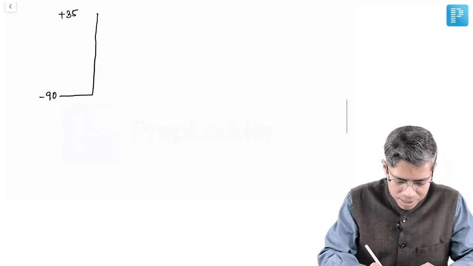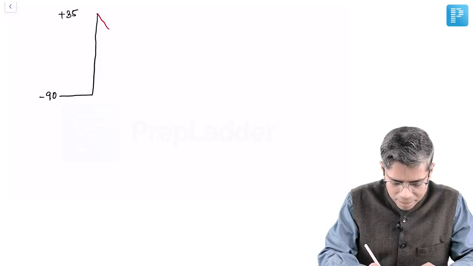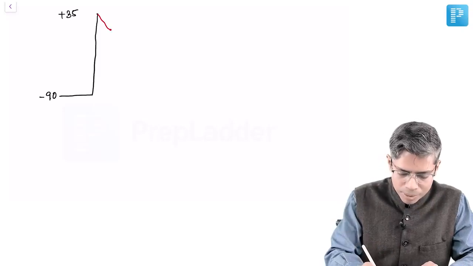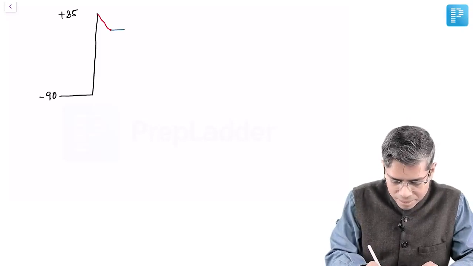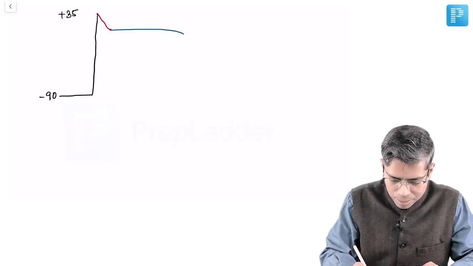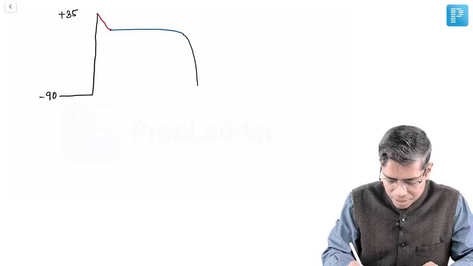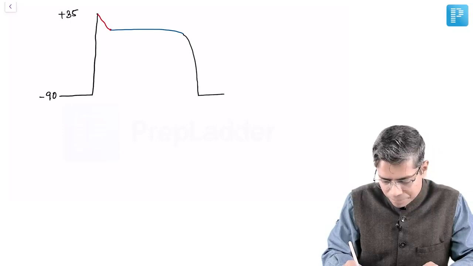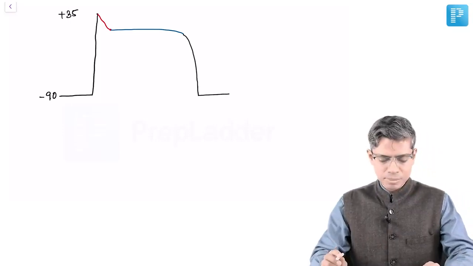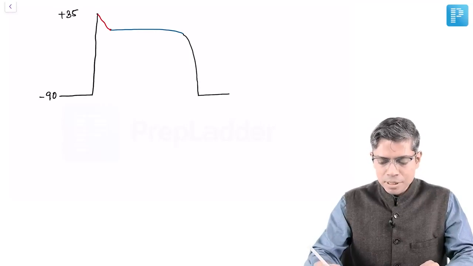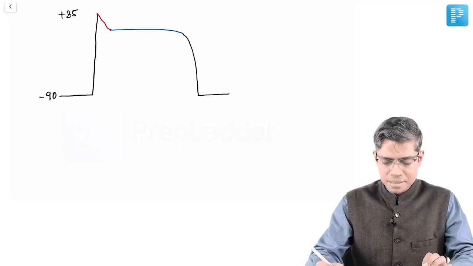Then the membrane voltage is returning back a little, that is the phase number 1, and then there is a stable voltage, and then after this stability the membrane voltage completely returns to baseline once again. So this is the typical action potential which is found in myocardium and Purkinje fiber.